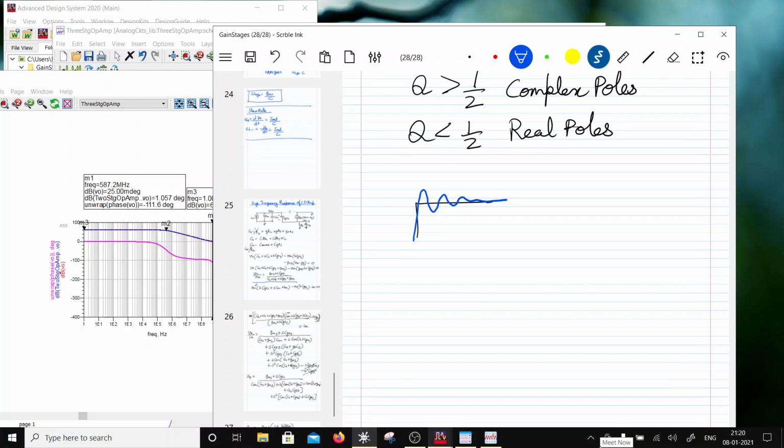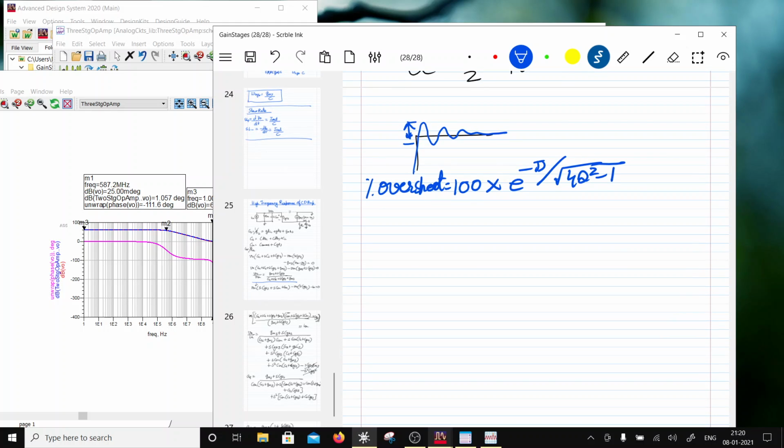There would be a certain overshoot here, and that overshoot in a second order system would be given by percentage overshoot equal to 100 times e raised to minus pi divided by square root of 4Q square minus 1. Then you can find out the settling time and stuff like that.